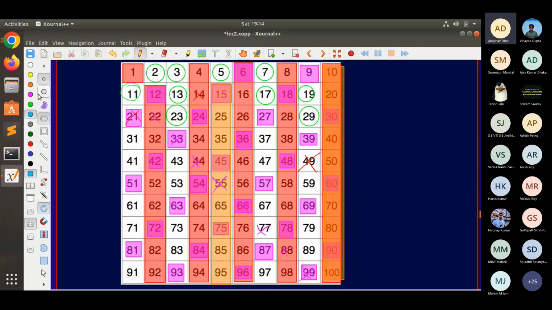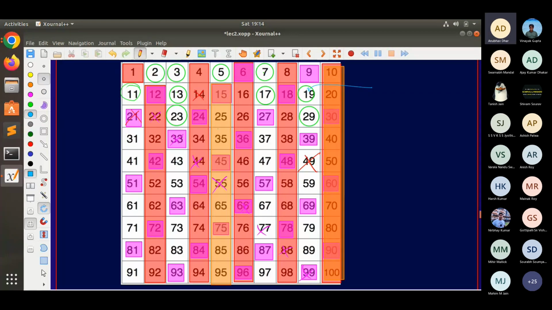Now, the benefit of doing this is, now when I ask whether 19 is a prime, you can tell just by looking at this grid whether it's a prime or not, right? You just see if this is encircled with a green circle or if this is cancelled.